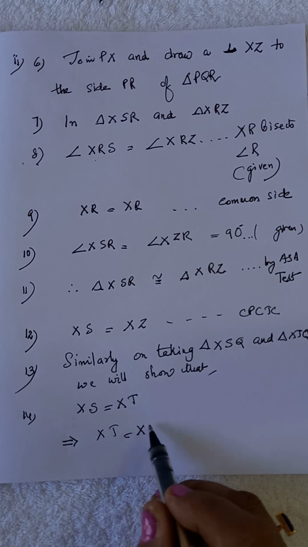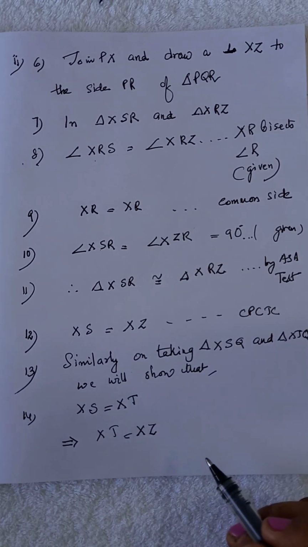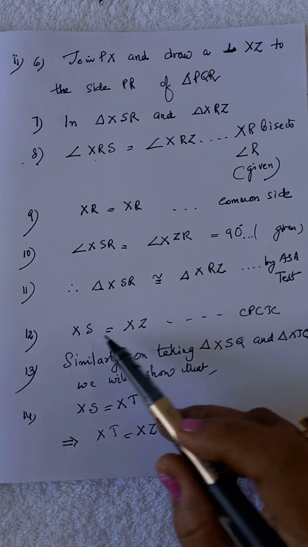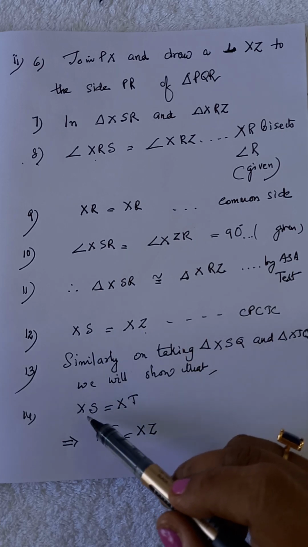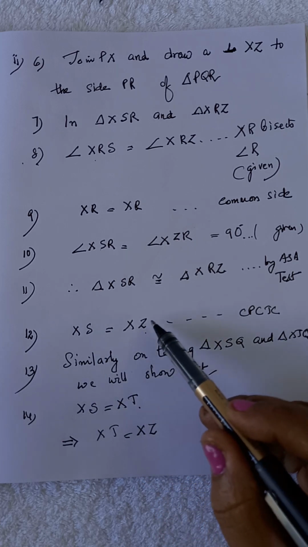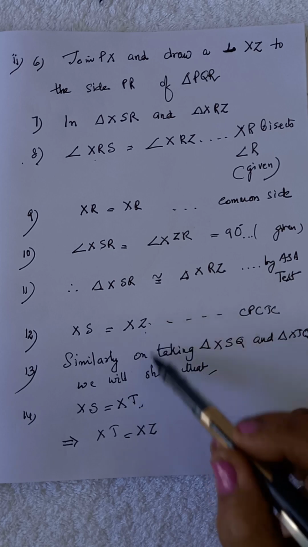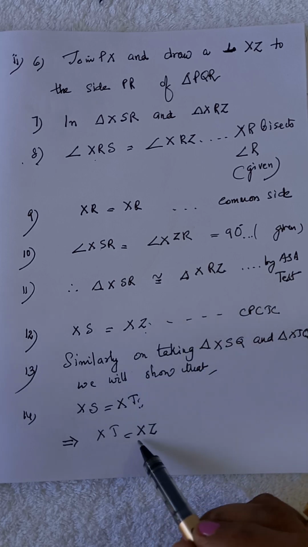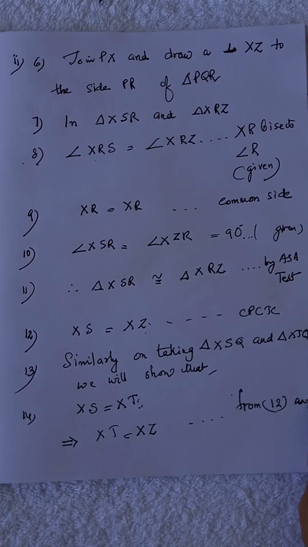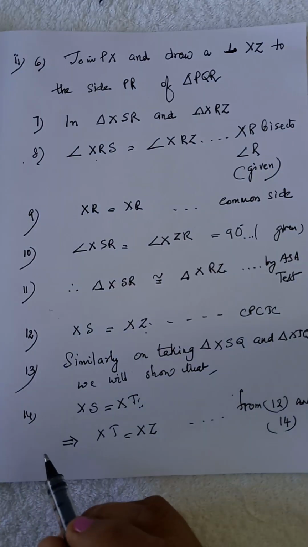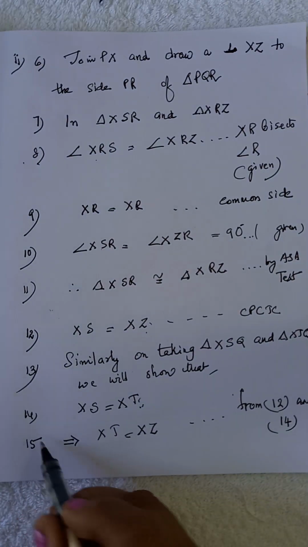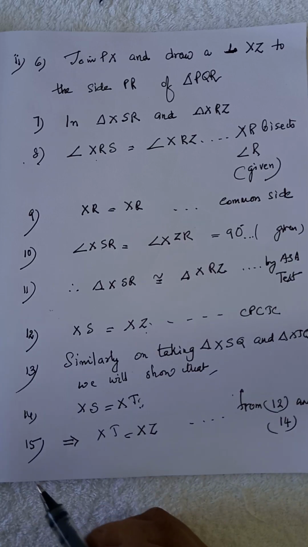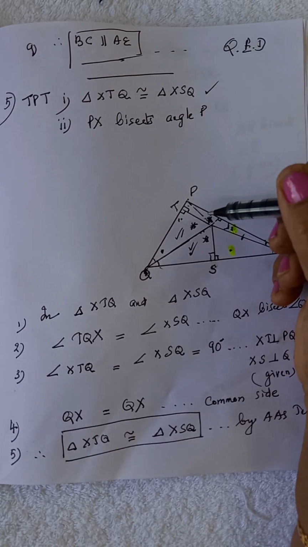Why? Here this XS is equal to XZ. Here this XS is equal to XT. So XZ is the same as XT. That is XT is the same as XZ. That is from 12 and 14. This is point 15. Now consider the triangle XTP.